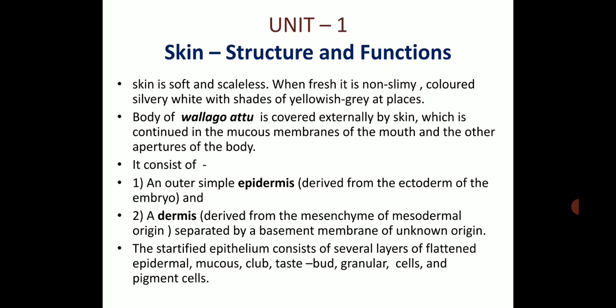The body of Wallago attu is covered externally by skin, which is continuous with the mucous membranes of the mouth and the other apertures of the body. It consists of an outer simple epidermis derived from the ectoderm of the embryo, and a dermis derived from the mesenchyme of mesodermal origin, which is separated by a basement membrane of unknown origin.